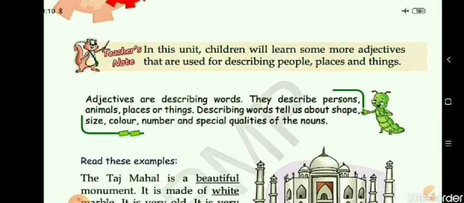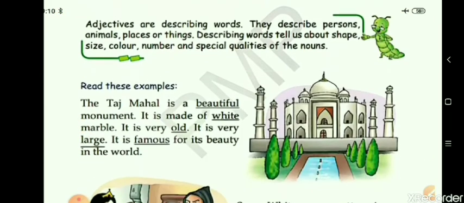They describe persons, animals, places, or things. Describing words tell us about shape, size, colors, number, and special quality of the noun. Children, at the beginning of this video, I explained all these things through various examples. Now, some more examples are given in your book.